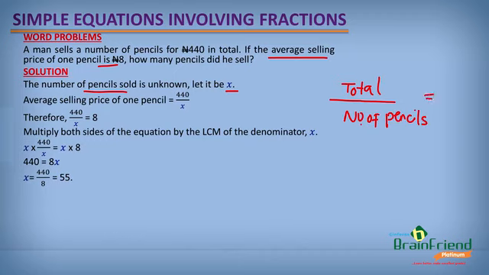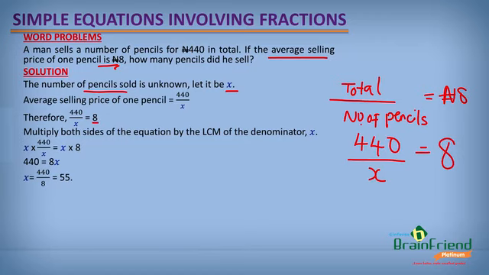When we are told that the average is 8 naira, it means that one pencil costs 8 naira. The total over the number of pencils is equal to 8 naira. And the total cost here is 440 over the number of pencils. We do not know that, and we said let that be x, is equal to 8. So 440 all over x is equal to 8.